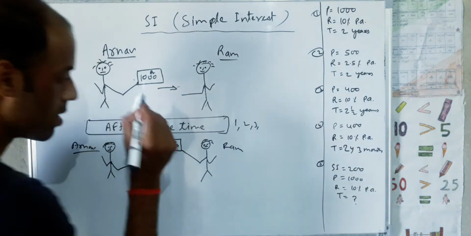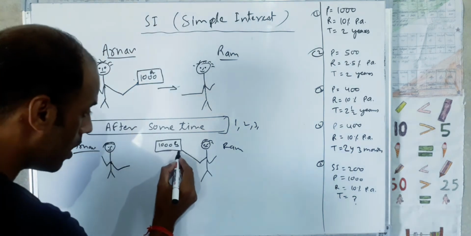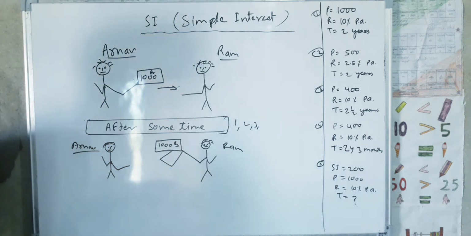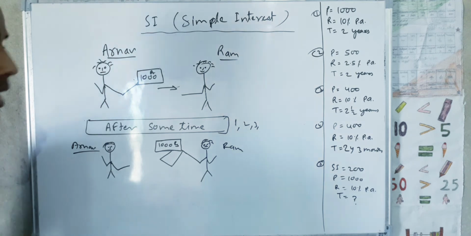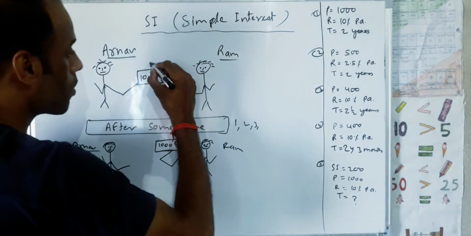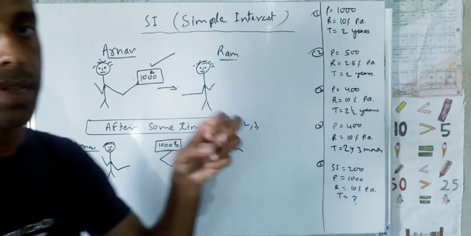1000 rupees. But here Ram will pay some extra money. Why? Because of using this money for some time.